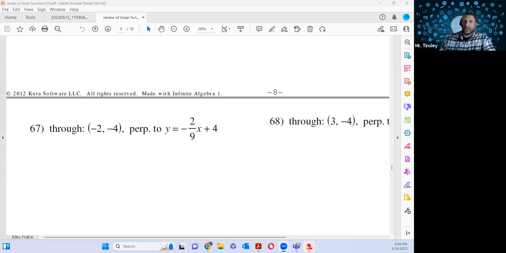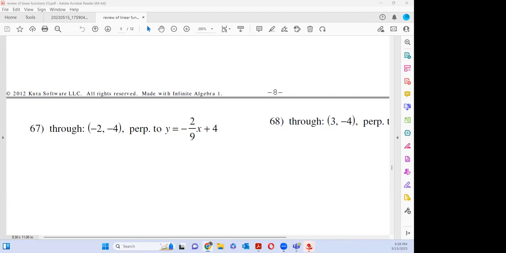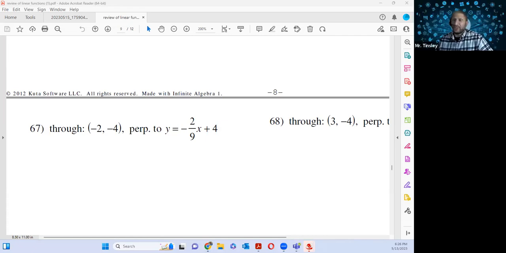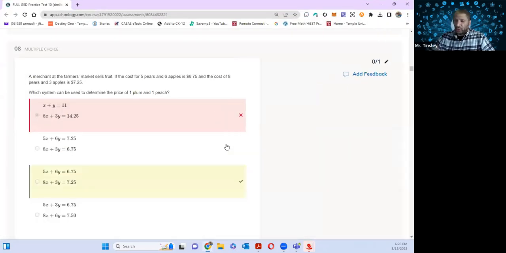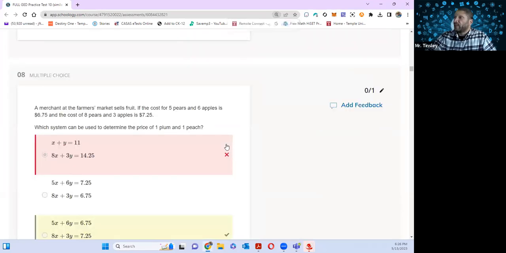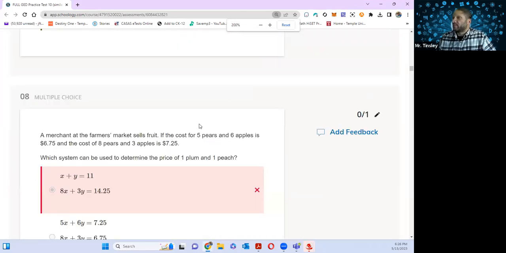All right, what's another concept or question that people had during the week? I had one. Oh, this is wonderful. Let me show you this. Somebody took a Schoology test, and it's a system of equations.